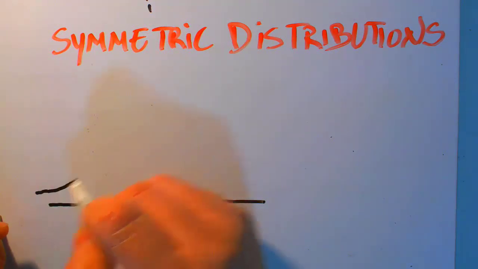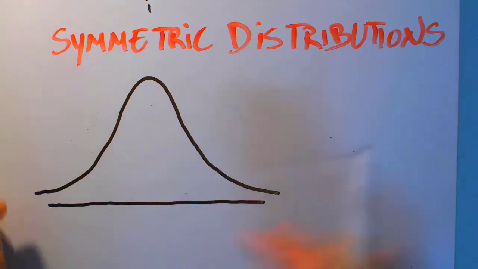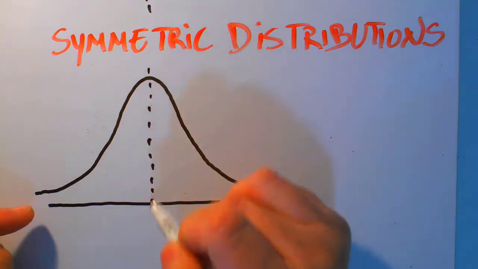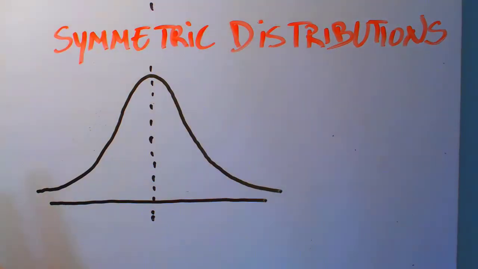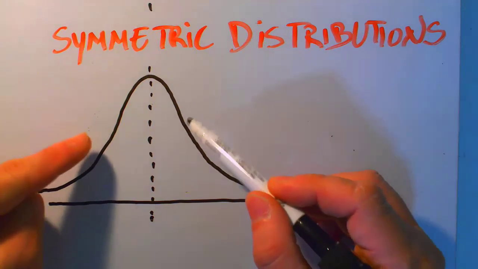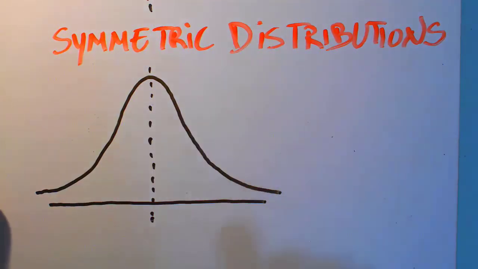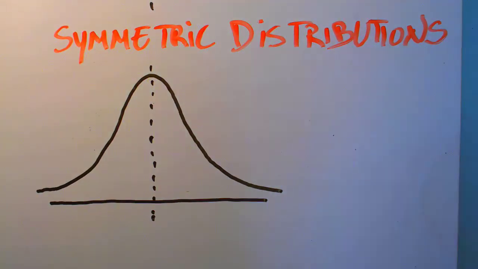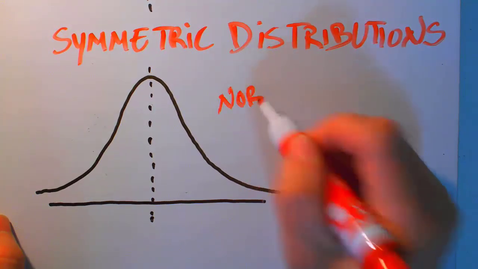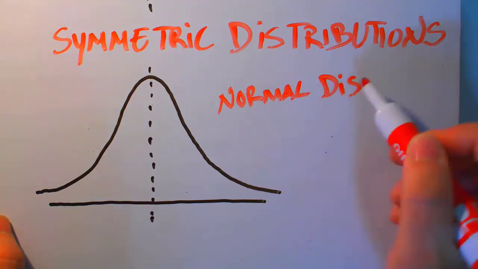There will be one day we're going to work with a symmetric distribution that has a nice, clear, almost perfectly equally divided center, and on the two sides things are equally fading away. That symmetric distribution in particular has a very special name: it's called a normal distribution.